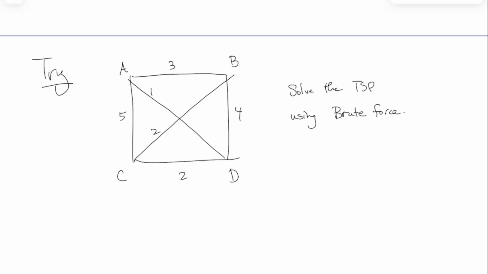Figure out what's going on. You should be starting and ending with the same vertex, and just use A every time.